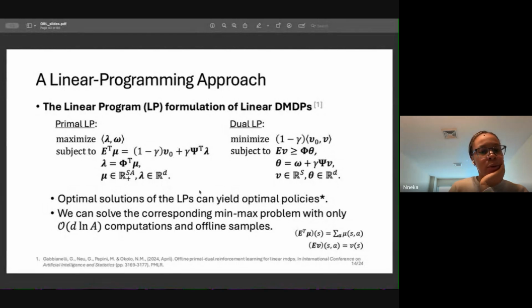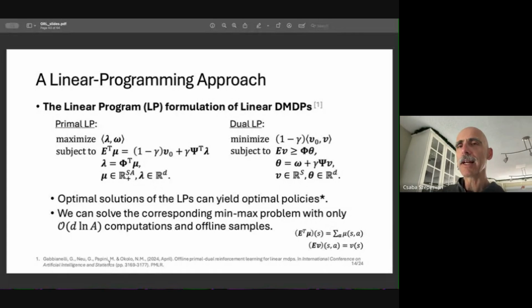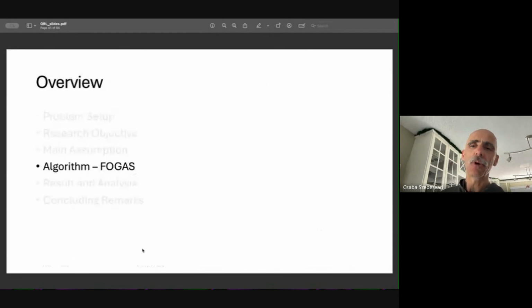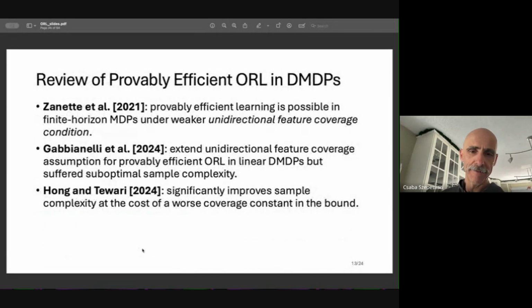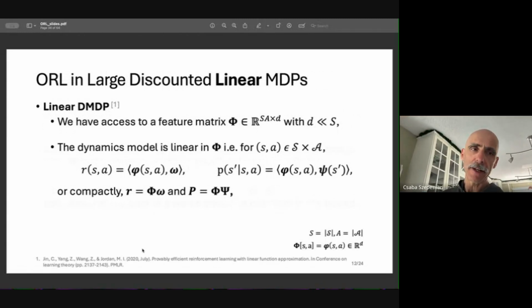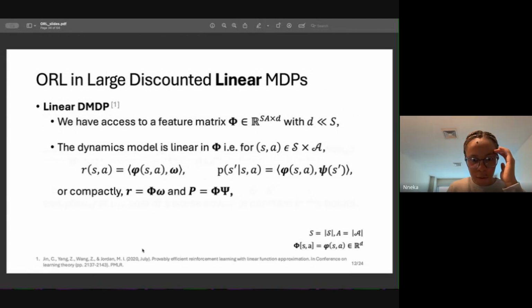Sorry for the confusion, but I'm not talking about exactly solving the LP as it is. I'm trying to summarize the result from this paper, to show that a few slides back, there was a claim about the d log a complexity, and I said that we're going to build on that. That's why I'm asking this question, by the way.